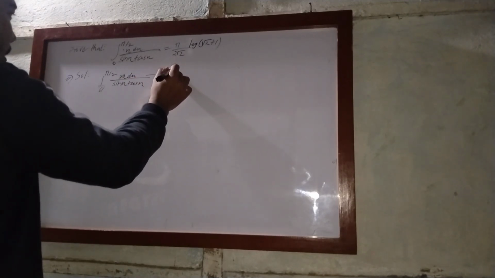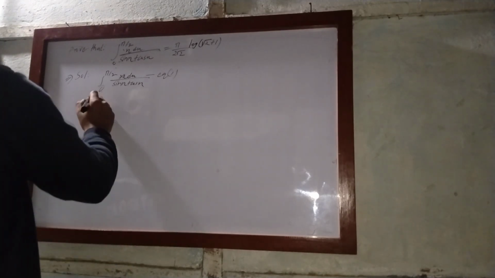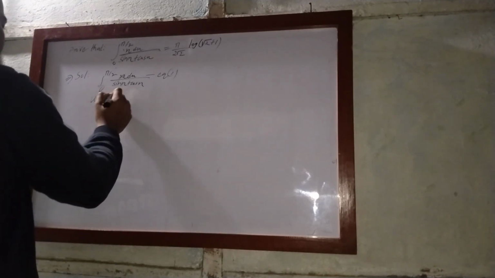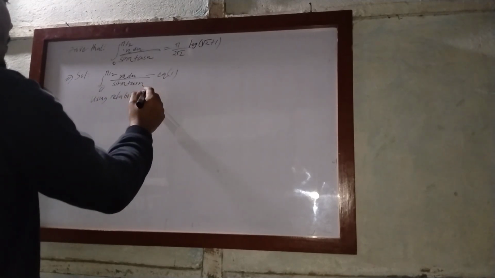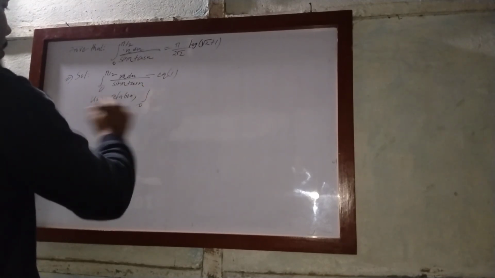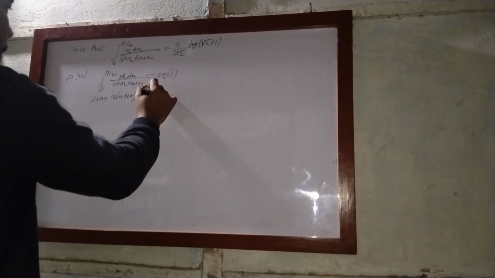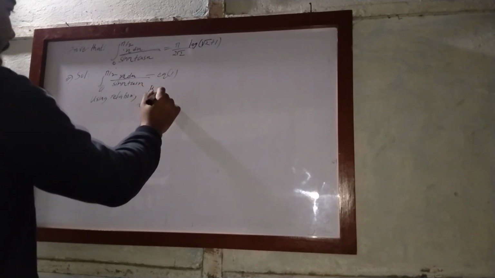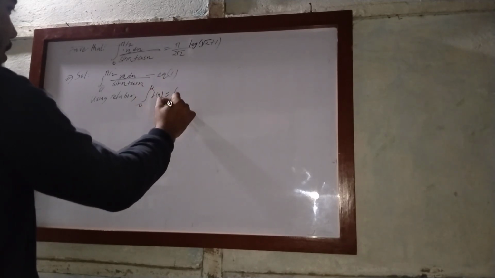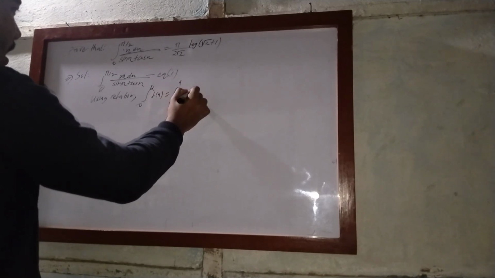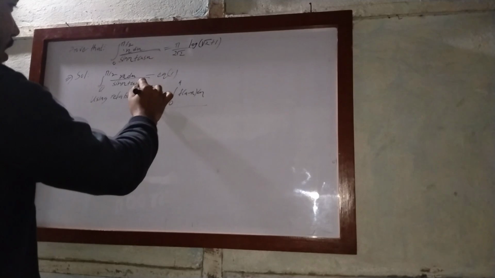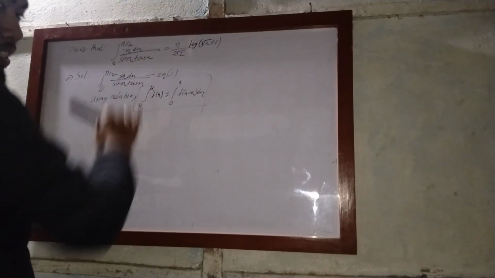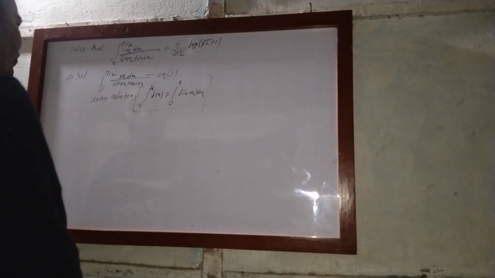Take it as equation I. Now use the relation. Using the relation, the integral from 0 to a of f(x) is equal to the integral from 0 to a of f(a minus x) dx. Use this relation and prove from this side to this side, LHS to LHS.